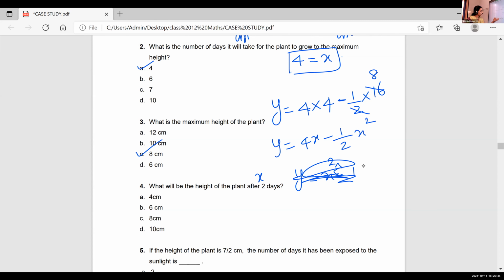So when the height of the plant, after 2 days, when x is 2, what is dy by dx? Calculate it. Calculate 6. Is it correct, Femina?